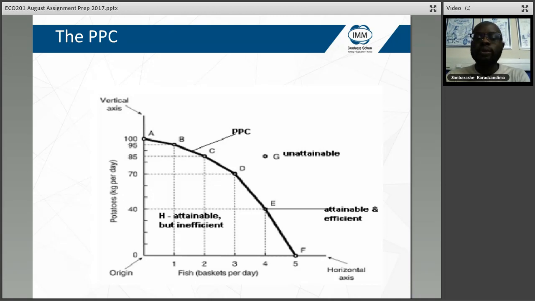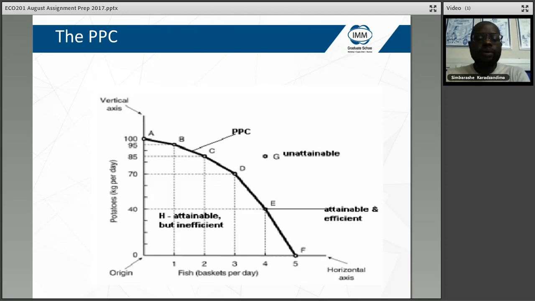So we are not able to reach point G in the short term because our resources will only allow us to be on the PPC, A to F. So point G shows scarcity of resources, whereby our wants and needs are unlimited, but our resources are limited. So any point that is to the right or beyond the PPC shows scarcity, as long as it is to the right.